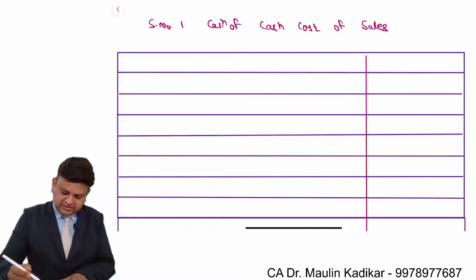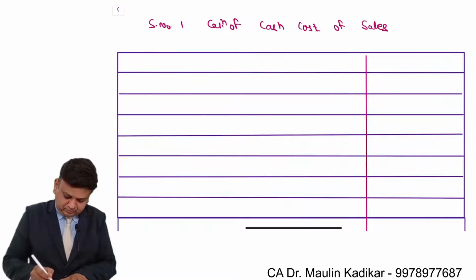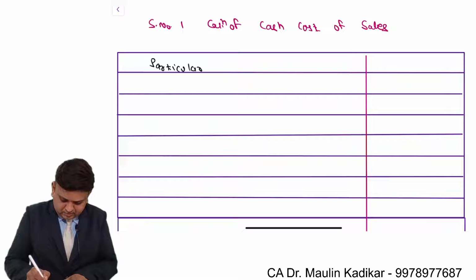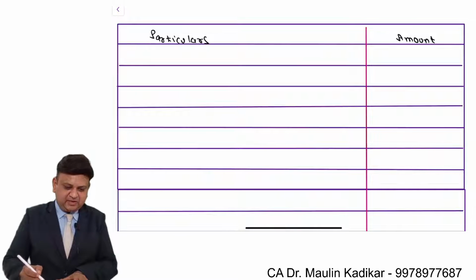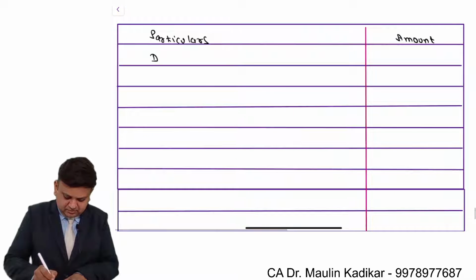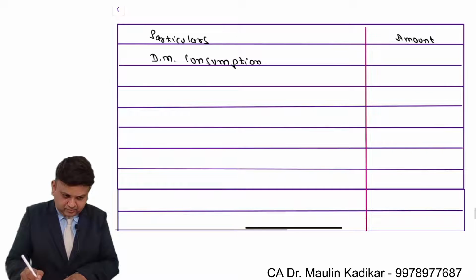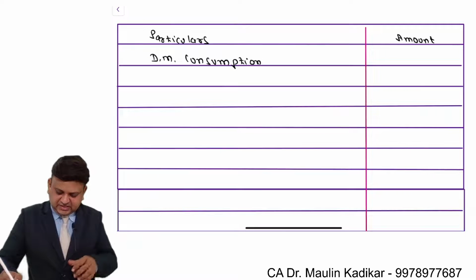So let us start doing the answer. Column number 1 is particulars and column number 2 is amount. We start with the direct material consumption. It is an amount of 6,75,000.